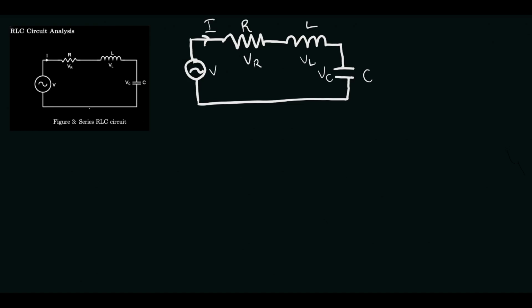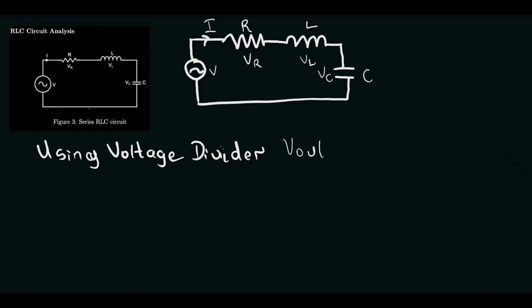Using voltage divider, your V out equals to V in multiplied by your Z out all over Z total.